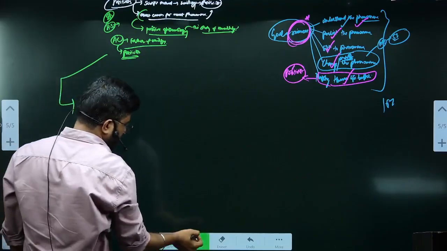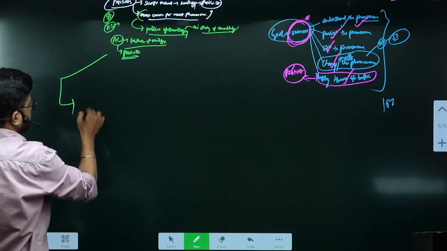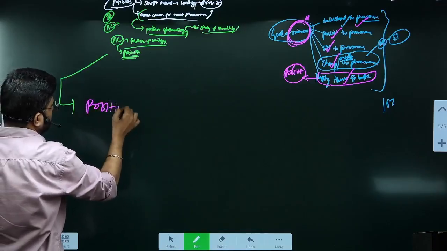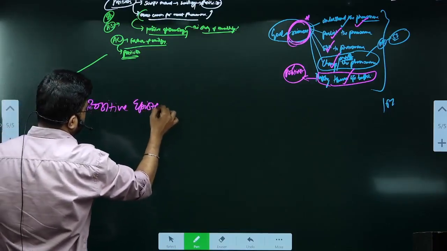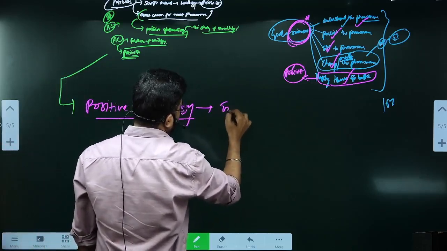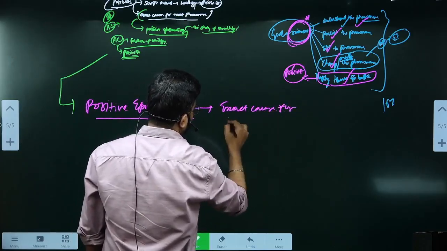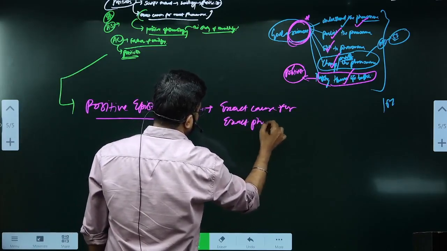Now, what will be the features of positivism? First will be positive epistemology, finding out the exact cause or exact phenomena.